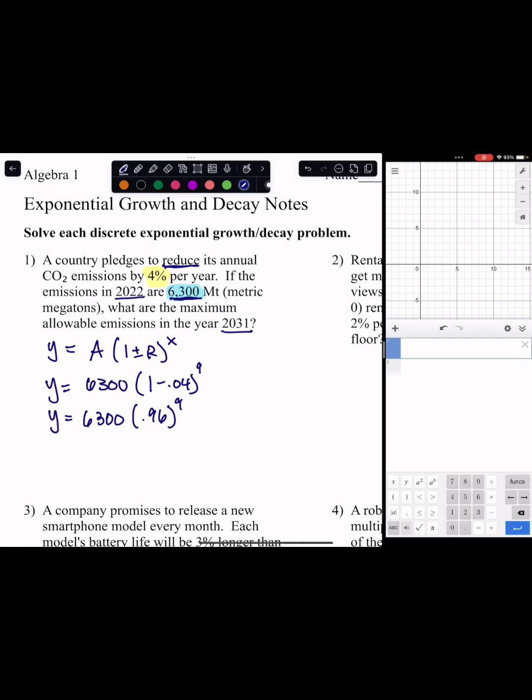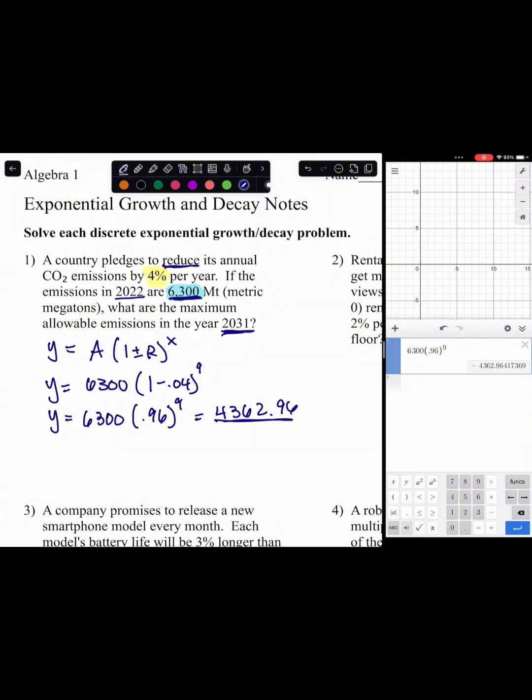So all you do is go over here to Desmos, 6,300, parenthesis, 0.96, close parenthesis, raise that to the 9. And so our answer is 4,362.96. So what this is saying is, if we start at 6,300, in 9 years, it'll be down to 4,362, give or take. Or you can just put 4,363. I'll be okay with that too.